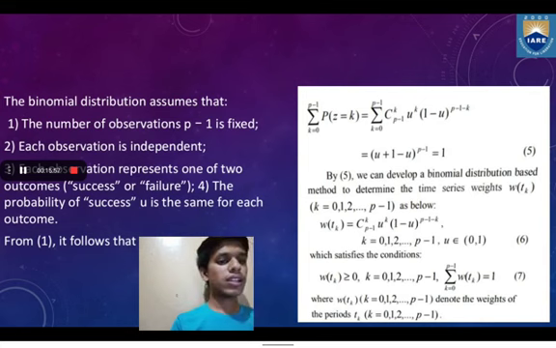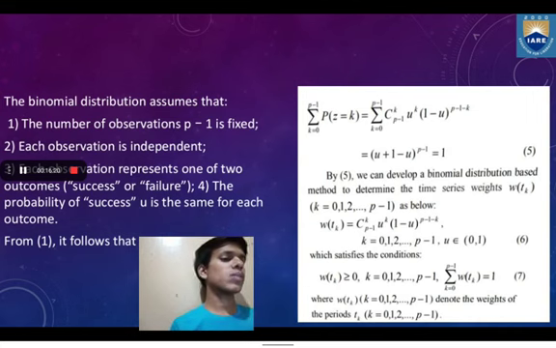As we know, (p plus q) whole power n is equal to 1, that is, the probability of success plus the probability of failure whole power n is equal to 1. So we use the same here.